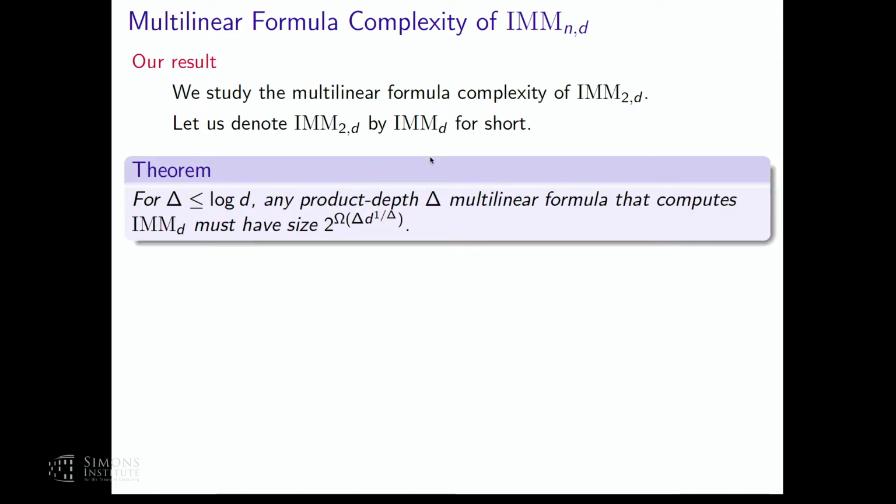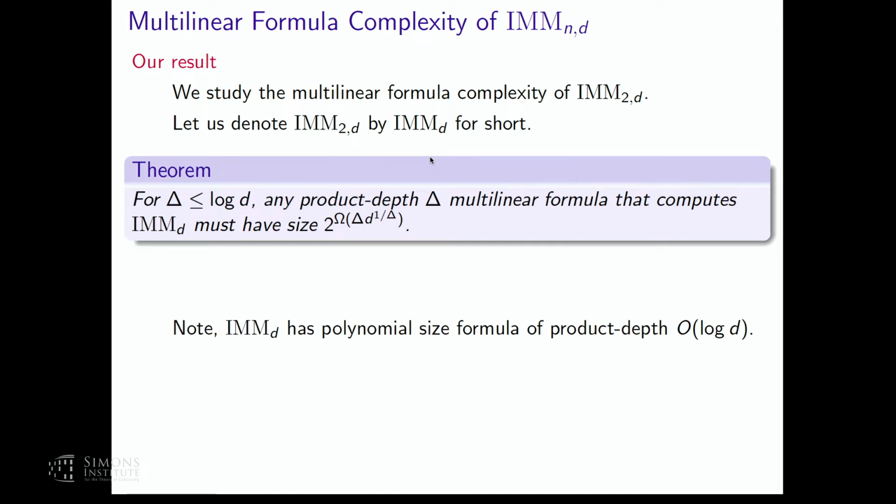What we show is that for any delta smaller than log d, any product depth delta multilinear formula that computes IMM must have size whatever you expect it to have by the upper bound. So it appears that delta appears in the exponent of 2.